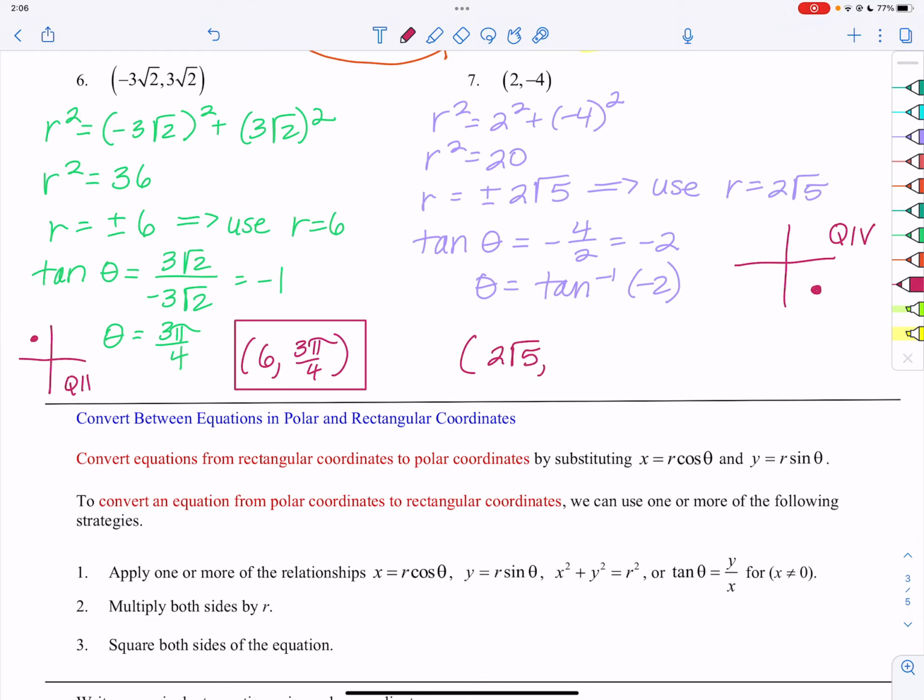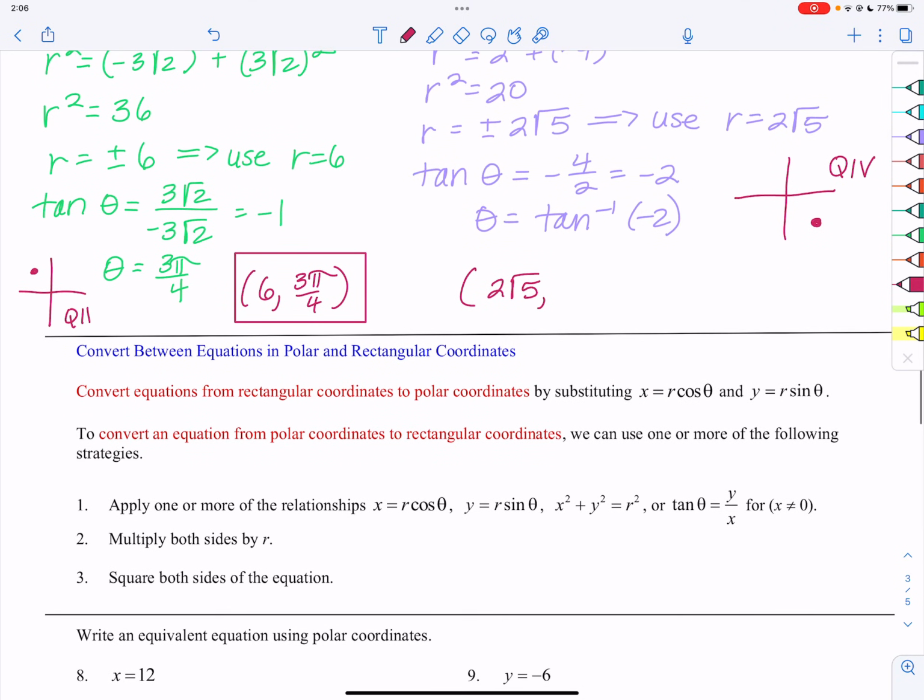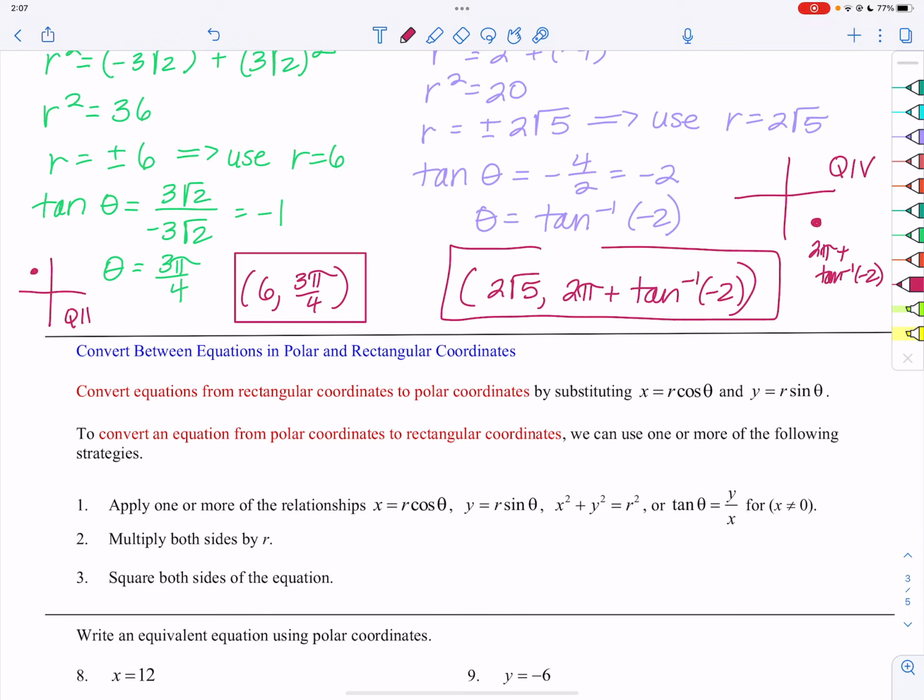So in quadrant 4, we're going to have to add 2 pi to that. Okay.